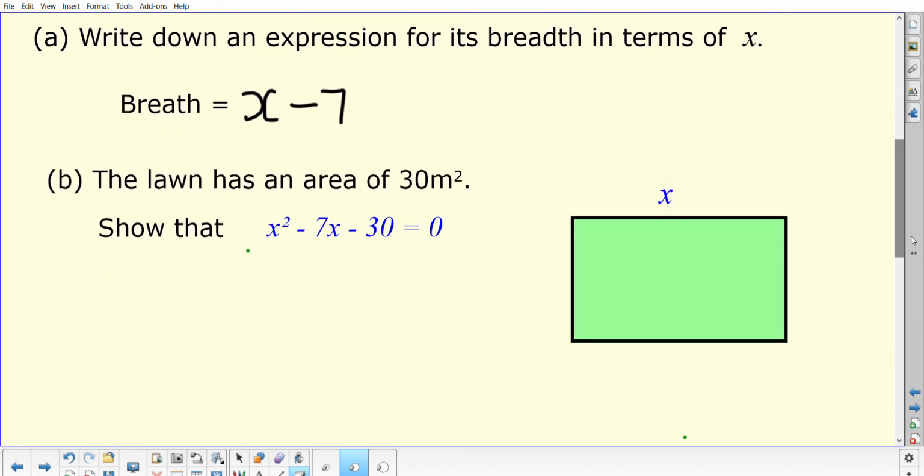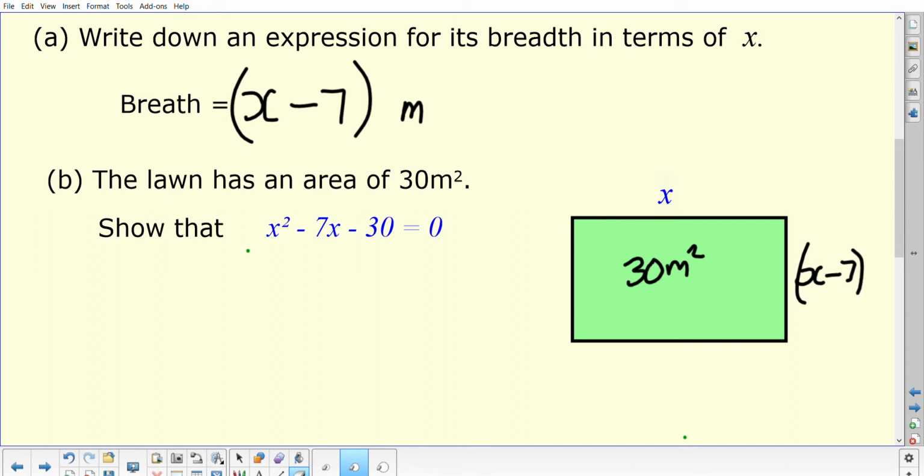The area we are being told of this lawn is 30 square metres. Now area is worked out by doing length times breadth. We've just seen that the breadth can be written as x minus 7. We can put that in brackets, that remember is metres. So we've got x minus 7 and x as our two lengths.